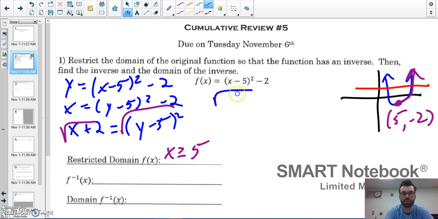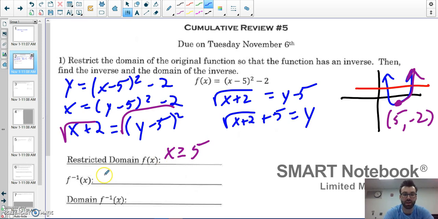So now I have the square root of x plus 2 equals y minus 5. Lastly, I'm going to add 5 to both sides. So f inverse of x is the square root of x plus 2, plus 5.